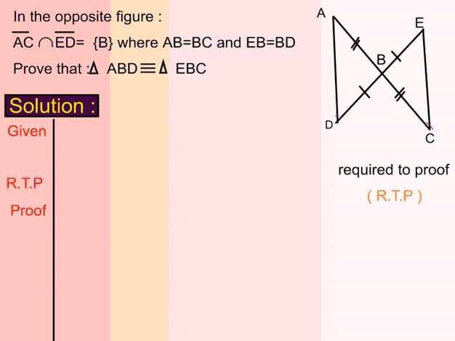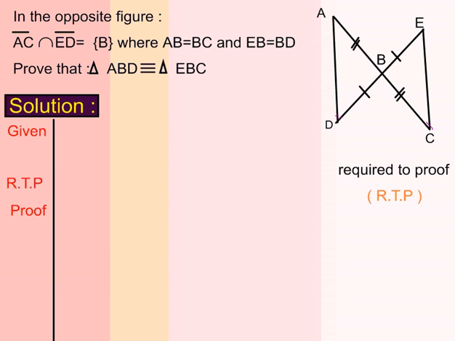Number 3, if 2 angles and the drawn side between them are congruent to the corresponding parts of the other triangle. And the fourth one, this is according to the right angled triangle. If the right angle, hypotenuse and a side of one triangle are congruent to the corresponding parts of the other triangle. In these 4 cases we can say we have 2 congruent triangles.